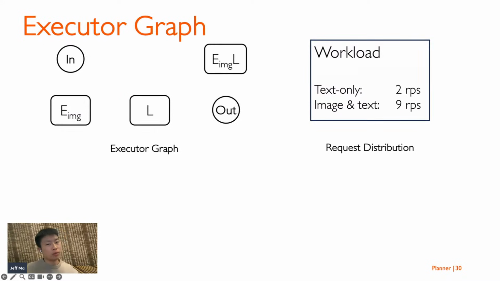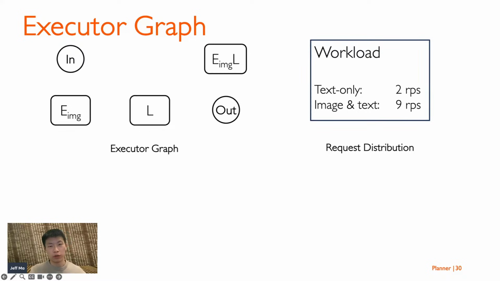So from the computation graph, the Cornserve planner will create an executor graph. And here, say we have three possible task executors: the disaggregated encoders, disaggregated LMs, and monolithic deployment. Looking at our workload, we have two types of requests: text-only and image and text requests.